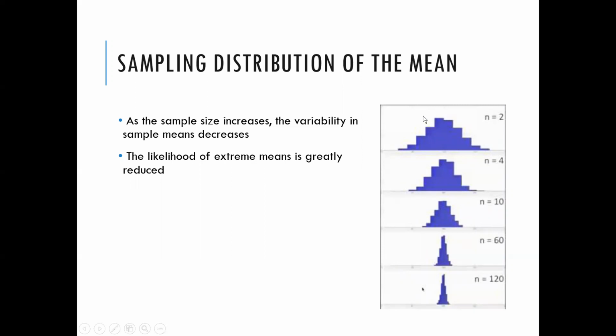So if we had a population of 1 million and plotted the distribution of sample means for sample sizes of 2, you can see the sampling distribution is pretty spread out.